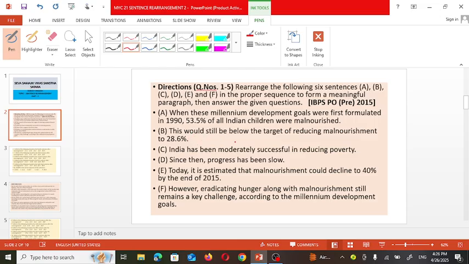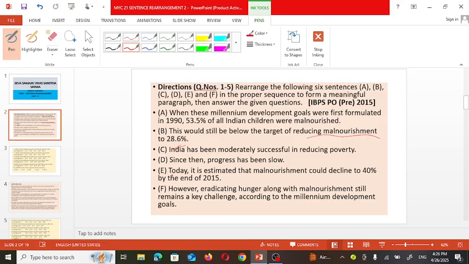This would still be below the target of reducing malnutrition to 28.6%. Next sentence, India has been moderately successful in reducing poverty. Next one, since then, progress has been slow.